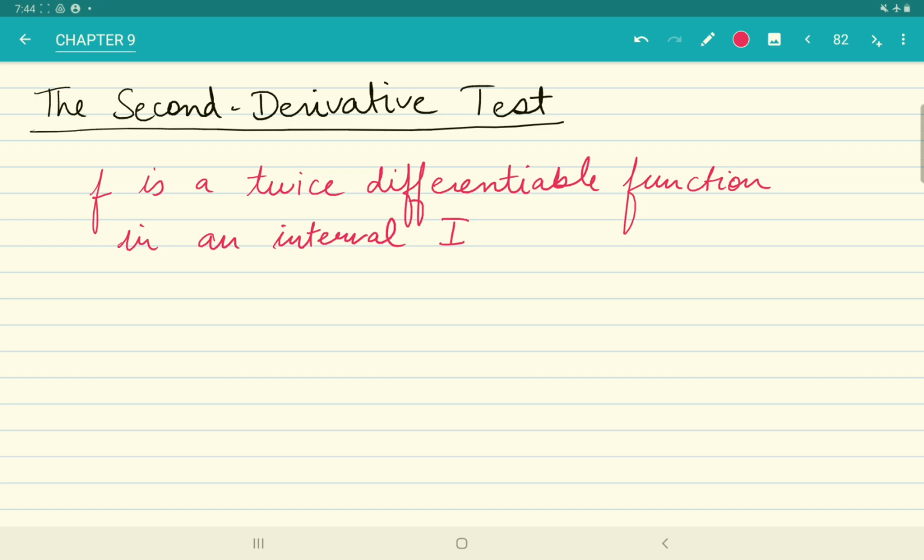So we can find the first derivative in that interval. We can also find the second derivative in that interval. That means f is a twice differentiable function in that interval I.